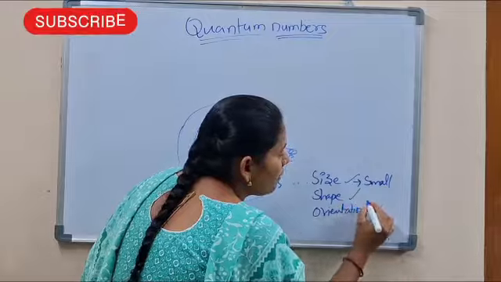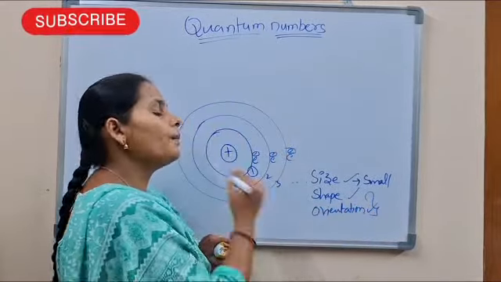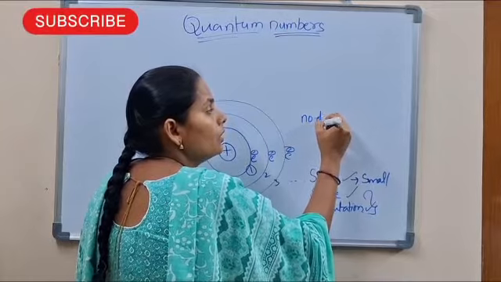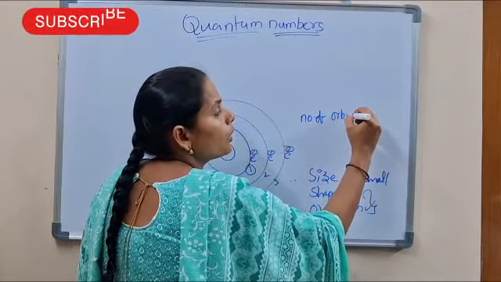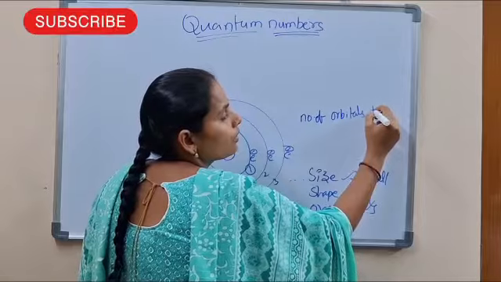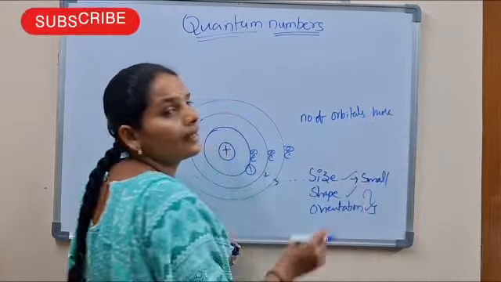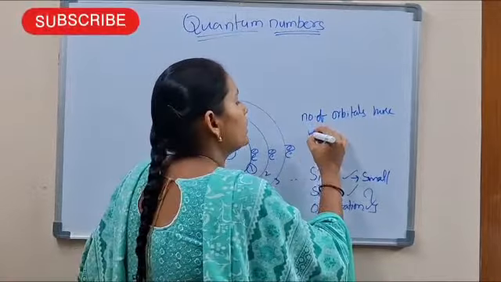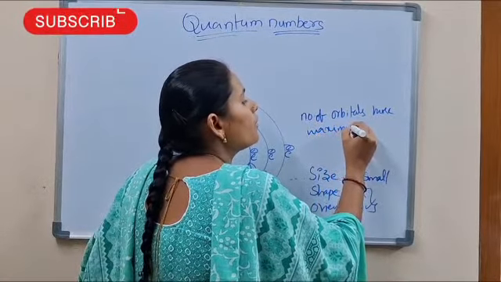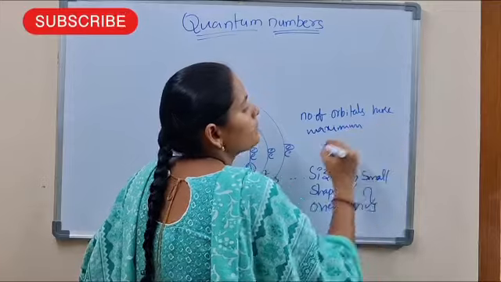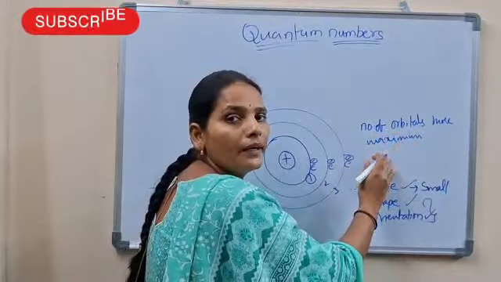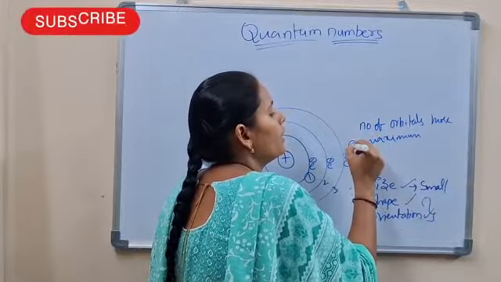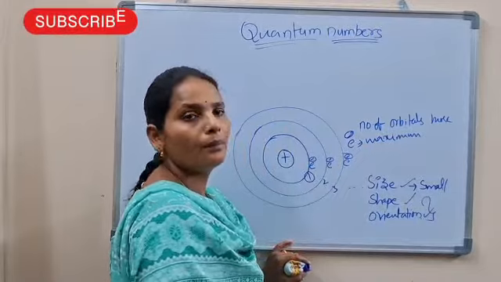If the number of orbitals increases, the probability of finding the electron is maximum.